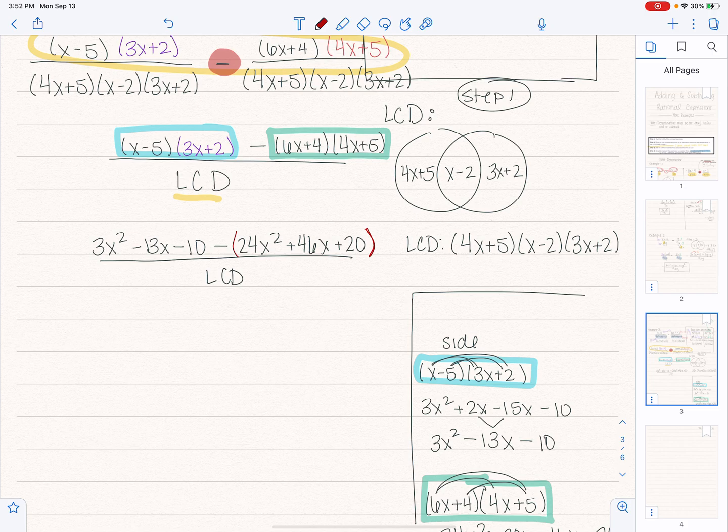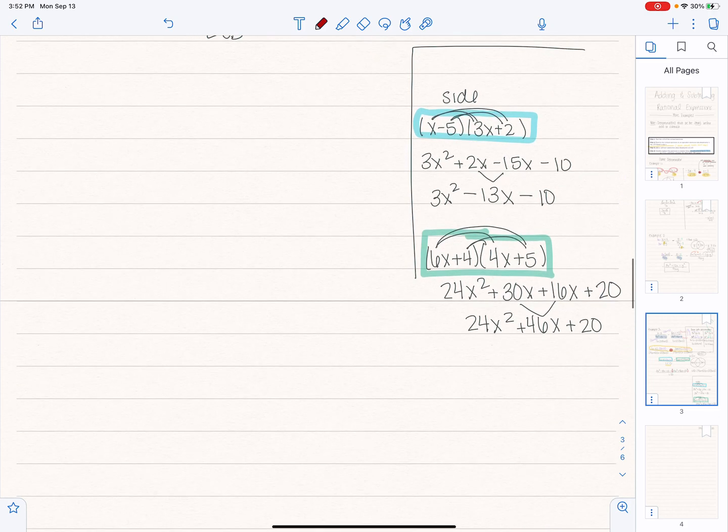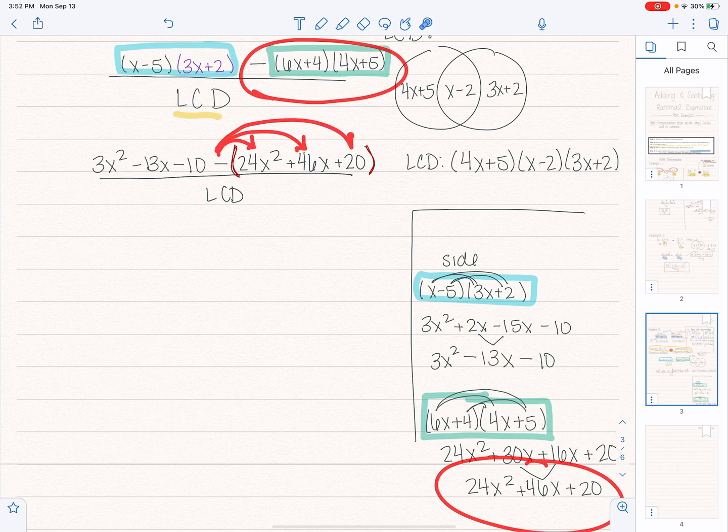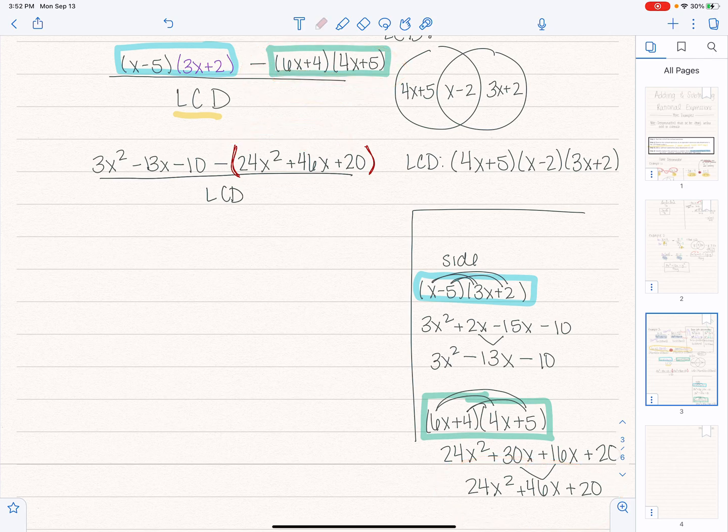This part that I just put in, remember way back up here, that was all being subtracted. So before I do any like term combining, I have to distribute that negative, because I had to FOIL first and then change the sign.